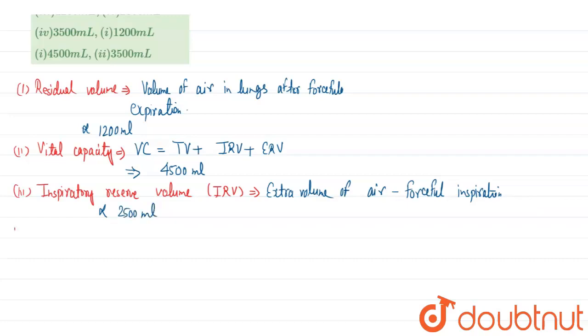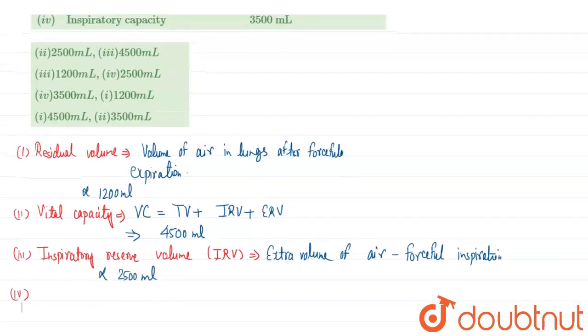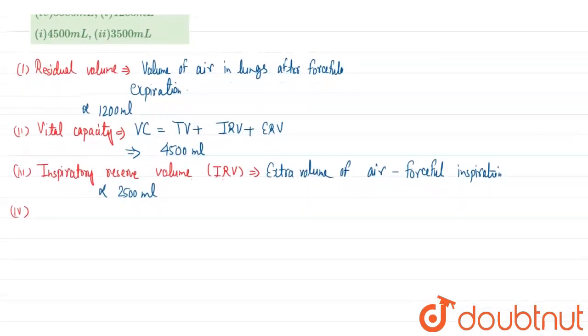Our fourth term is the inspiratory capacity, which can be denoted as IC. Inspiratory capacity can be calculated as the maximum volume of air that can be inspired after the normal expiration.